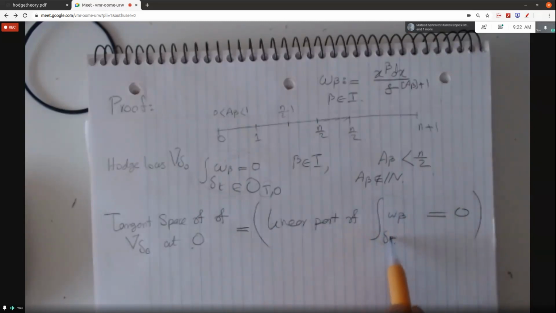These integrals are holomorphic functions in t, and put it 0, and this will be the tangent space. So now the point is that I have to find a way to compute the linear part of these guys, and this is actually easy.